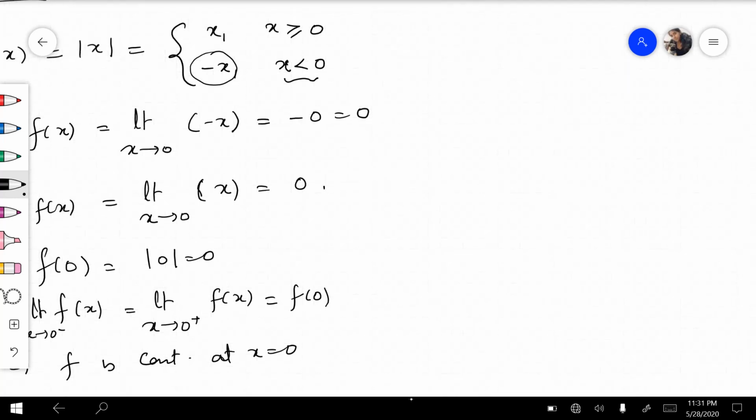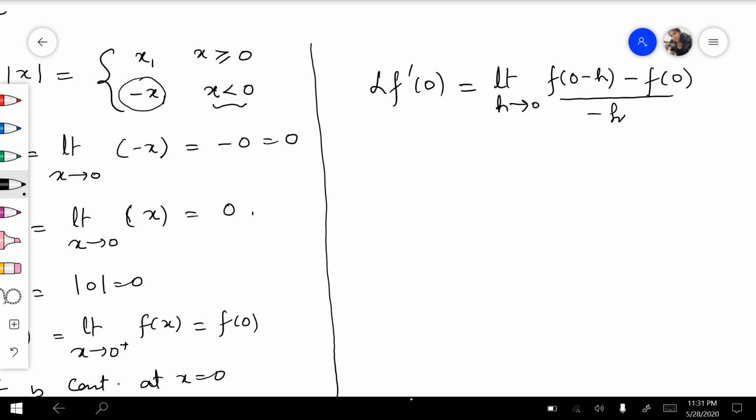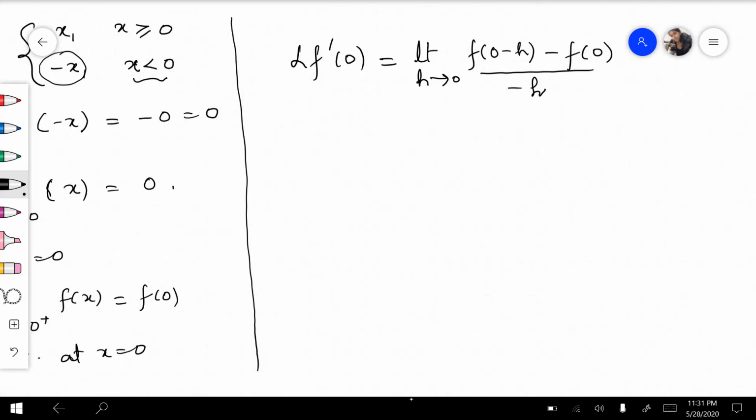Now, let's check the differentiability of this function at 0. So for that, we are calculating the left hand derivative at 0. और अगर आप याद करें तो मैंने आपको लेफ्ट हैंड डेरिवेटिव का डेफिनेशन दिया था. Limit h goes to 0 of [f(0 minus h) minus f(0)] upon minus h, जो किसके इक्वल हो जाएगा?